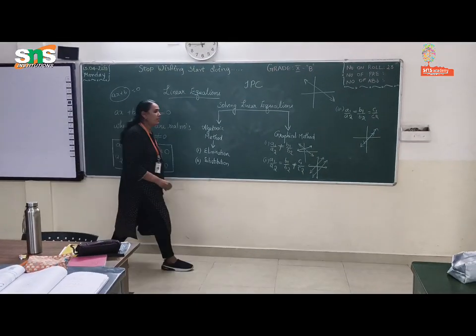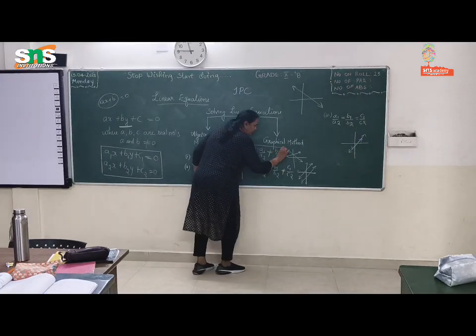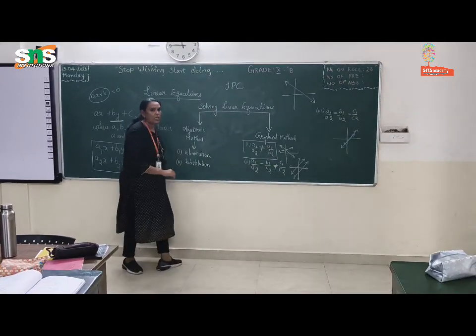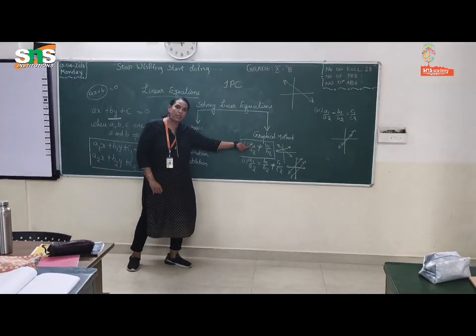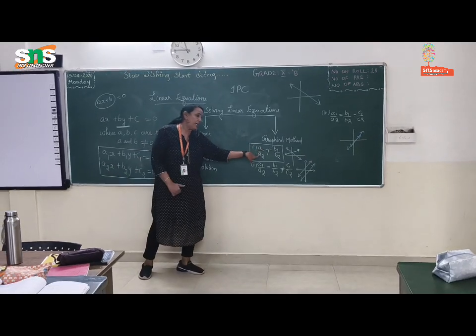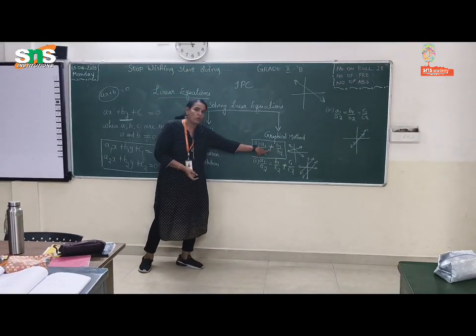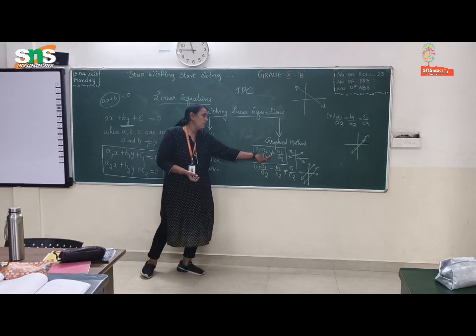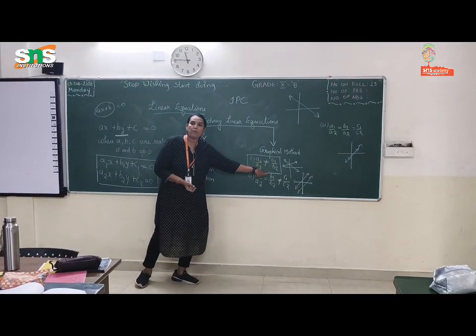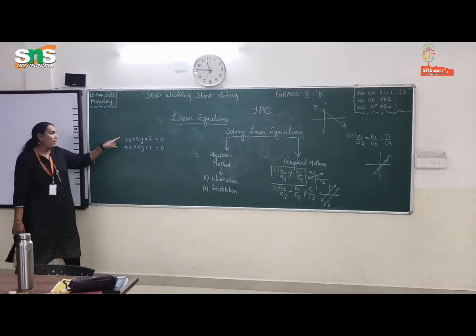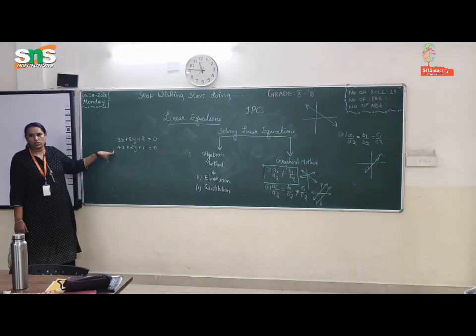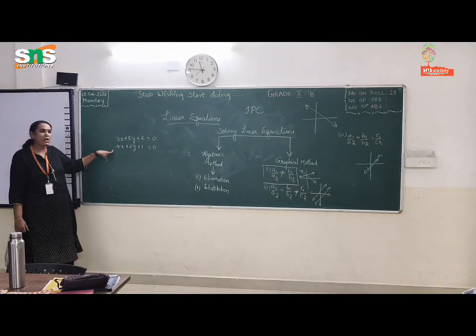First one, what have I written? a1 is a coefficient of x and a2 is also a coefficient of x, but in the second equation, what is the symbol? Not equal to b1 by b2. For example, I have taken two linear equations. So we are going to check a1.